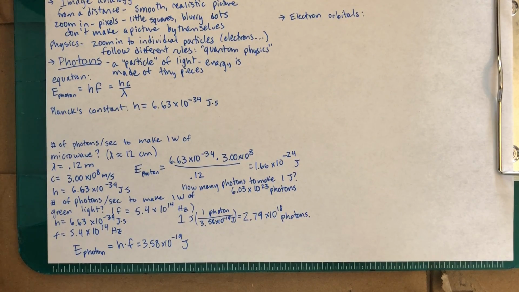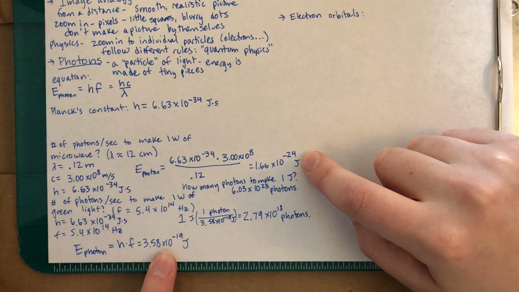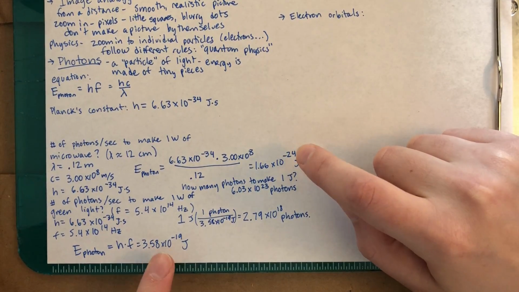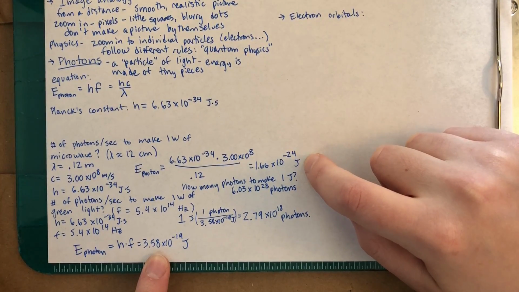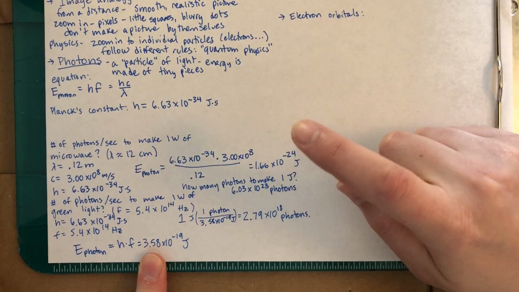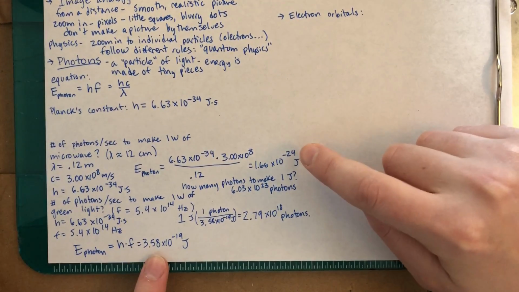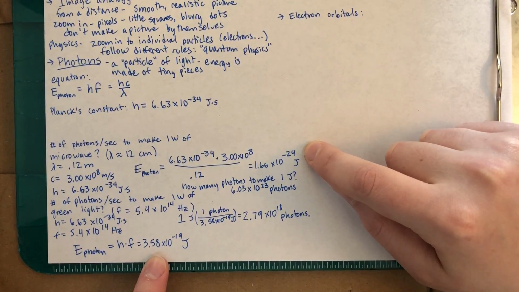Microwaves have a much longer wavelength and a smaller frequency compared to light waves that have a smaller wavelength and a higher frequency. So each individual photon of these two types of waves has a very small amount of energy, but the light photons have more energy than the microwave photons, but they both have a really small amount of energy.